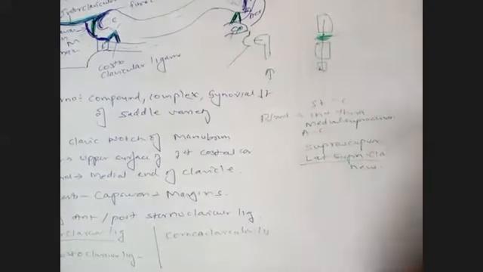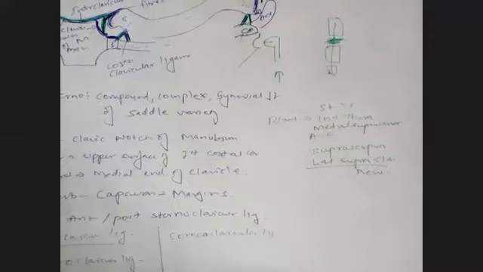Okay. Now coming to the main part, the movements of the shoulder girdle. So this I have already demonstrated to you. So now I am just making a chart for you. Whenever we are asked the movement, we write the movement, axis, and muscles producing the movement. Okay.